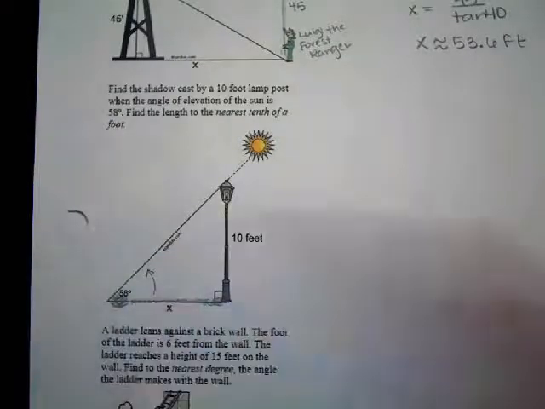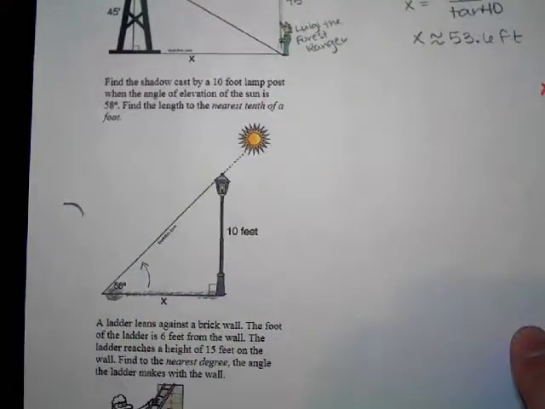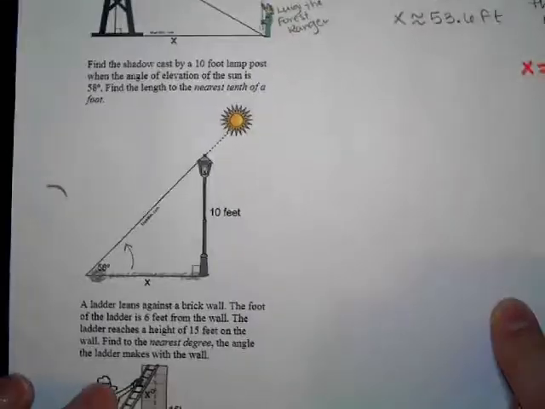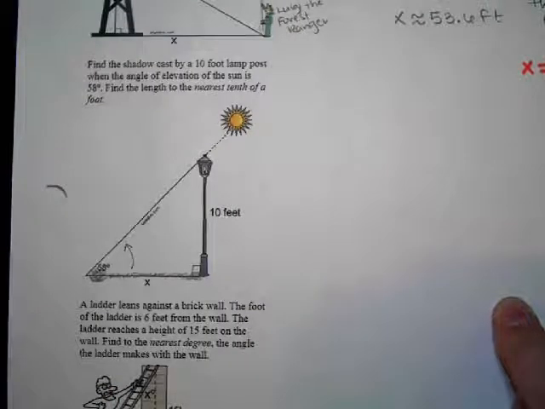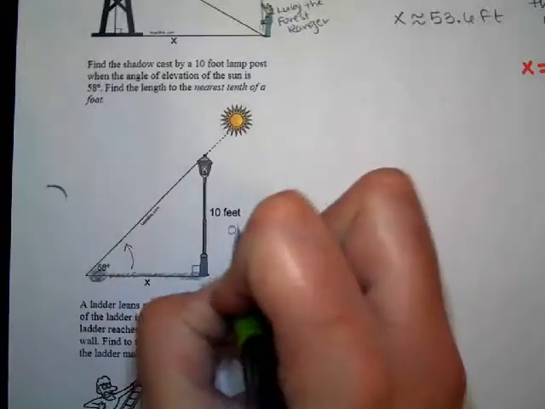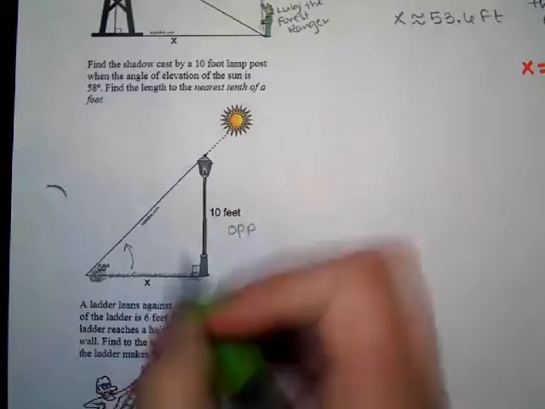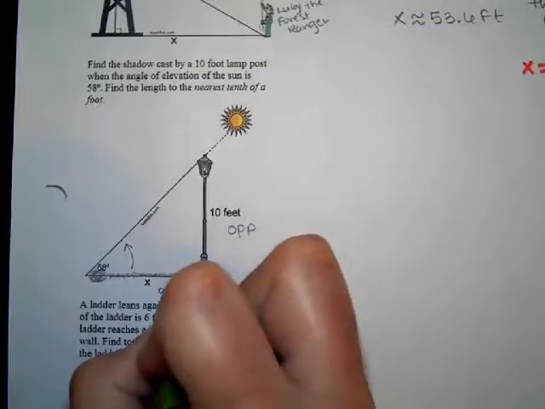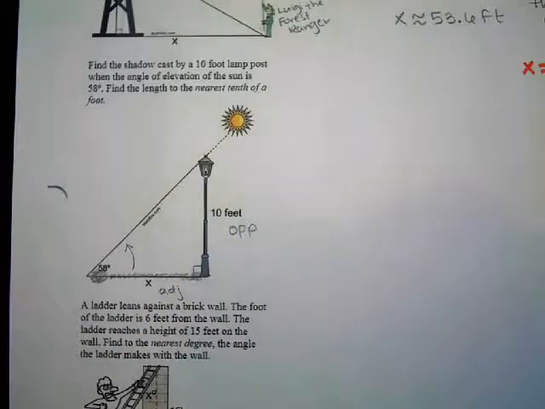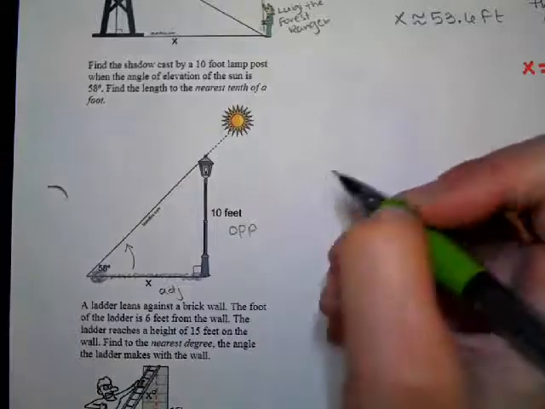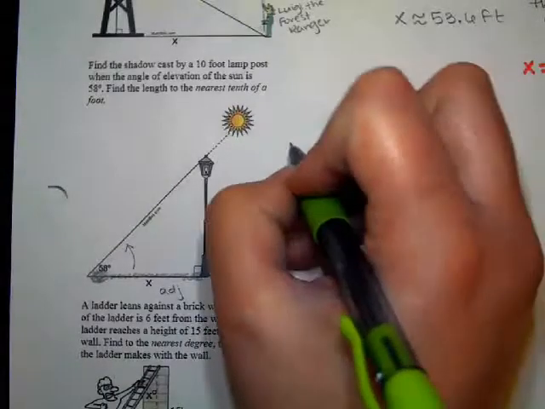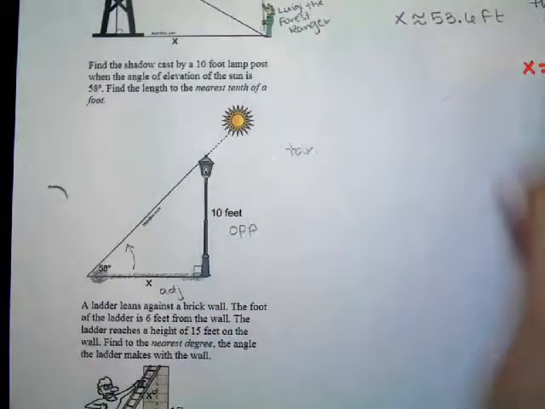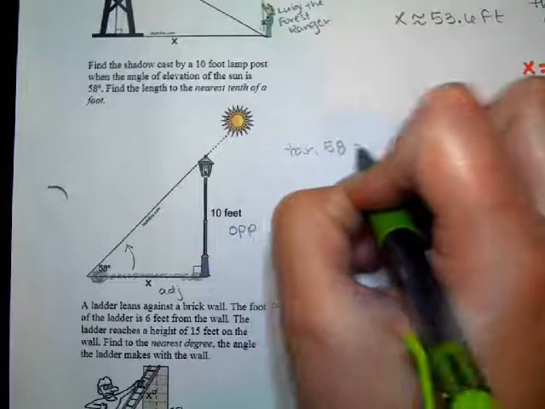All right, what are the names of the two sides that we have? Opposite and adjacent. So what trig function are we using? Tan. TOA. So we've got tan 58 equals opposite over adjacent.